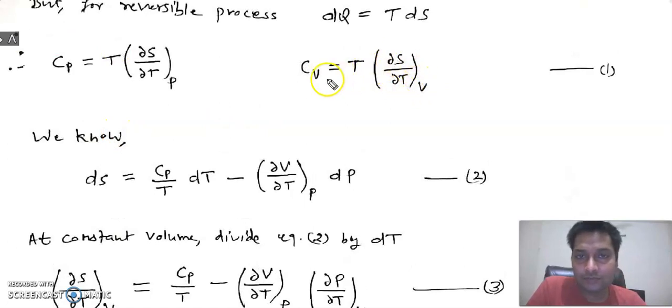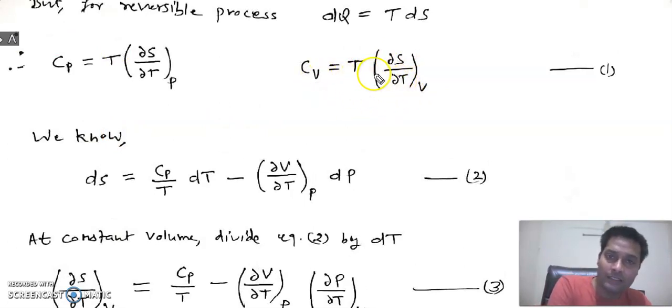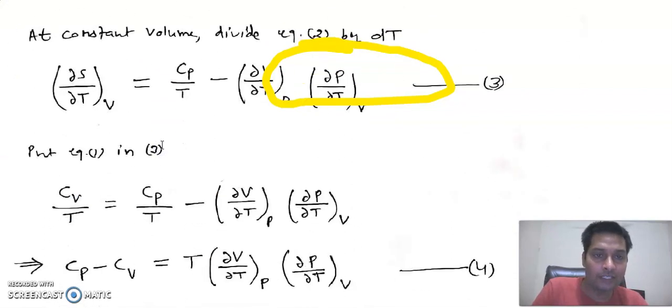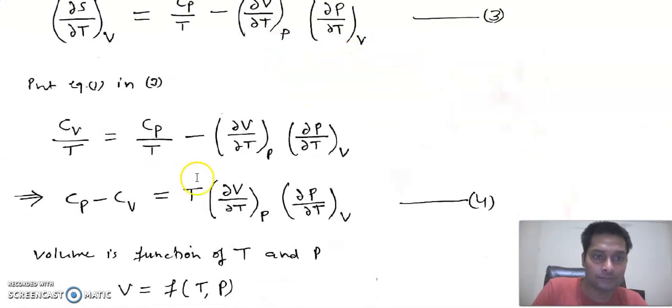This Cv by T will be equal to del S by del T at constant volume. So I am putting equation 1 in equation 3. Finally we will get this.